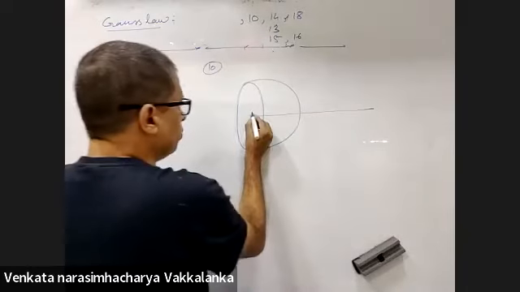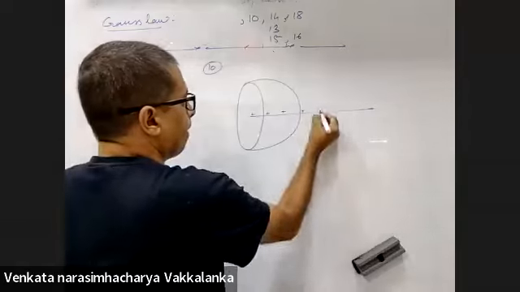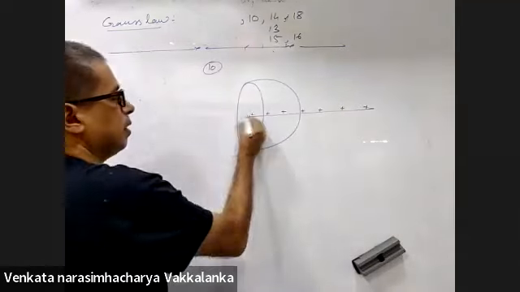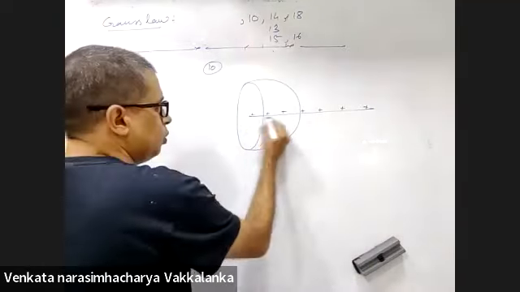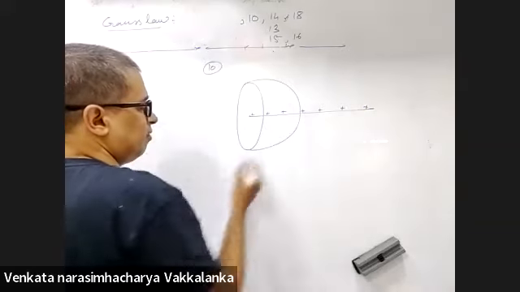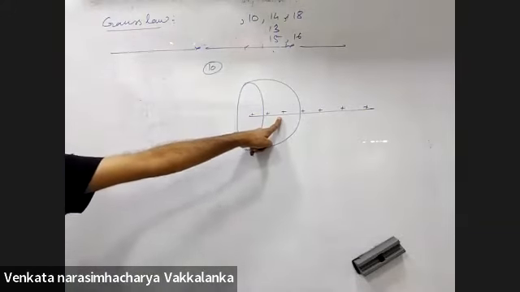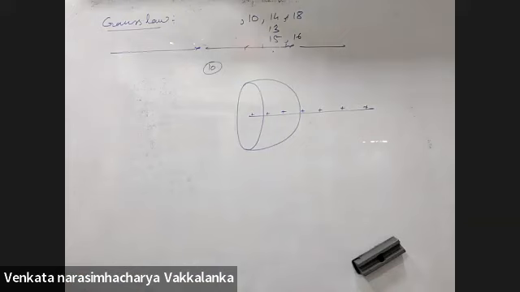You have a thin wire. Now you don't know this particular flux, this length, right? So the charge density lambda is given.